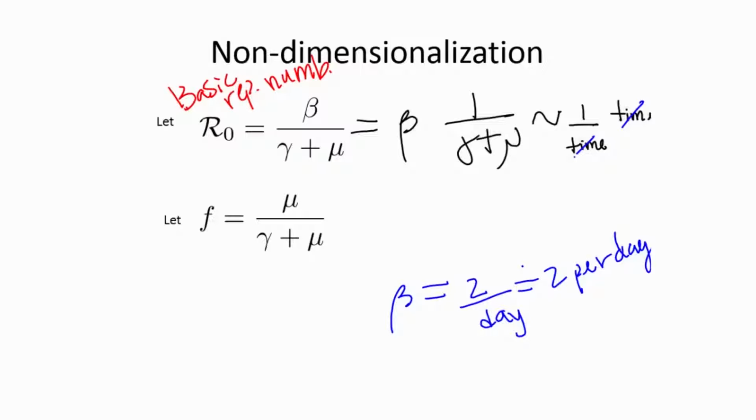But the units of this number are in terms of units of time. This is a rate, meaning that you have a number per unit of time.